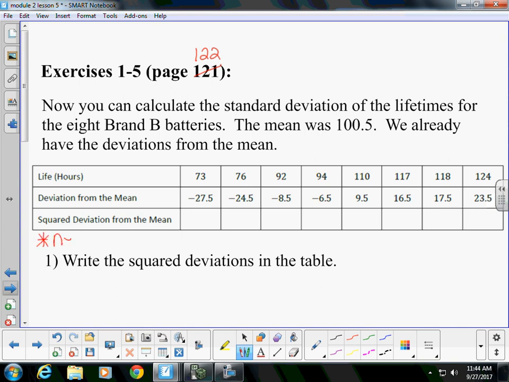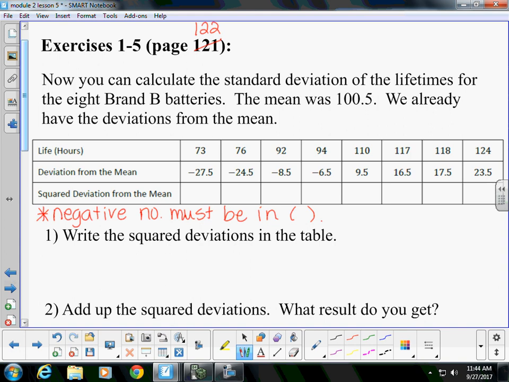Very important: negative numbers must be in parentheses. If you don't put them in parentheses, you'll get wrong answers.